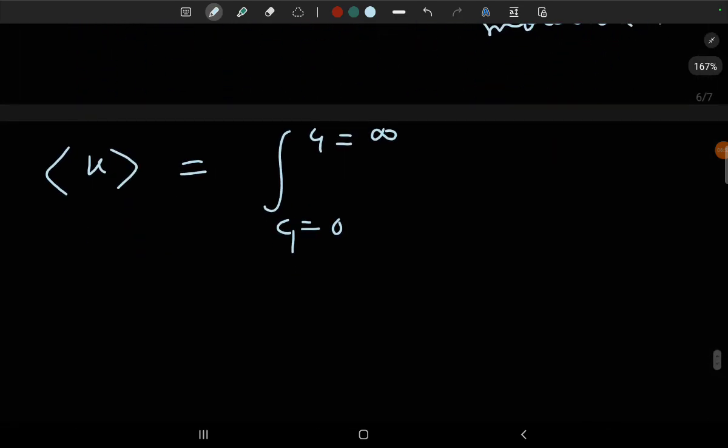What should be the K here? We will take half m outside, since the mass of each gas molecule was constant, and we have c1 squared dn.